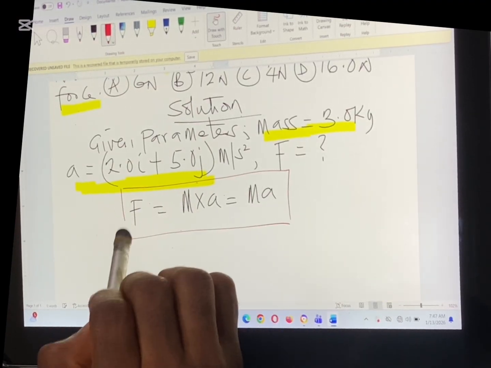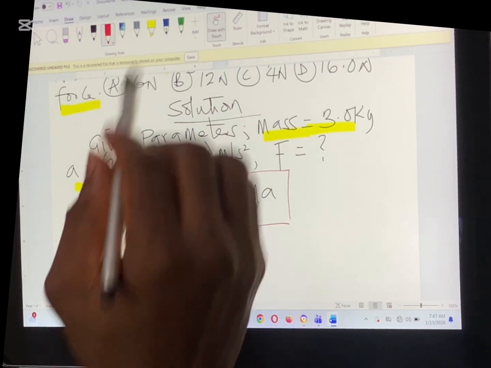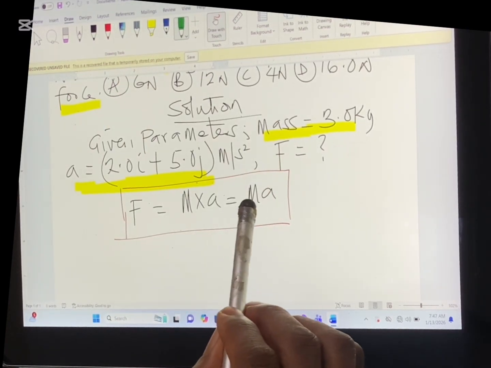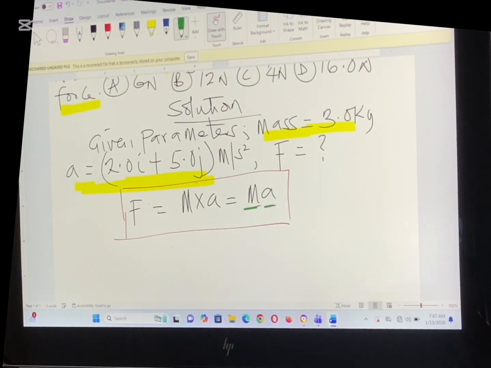So this is a formula that connects mass, acceleration, and force. If you look into it here, the mass is given and the acceleration is given, and we are asked to find the magnitude of the resultant force. Later, we are going to know what magnitude is, and what resultant is, okay? But let's just replace the given parameters first.